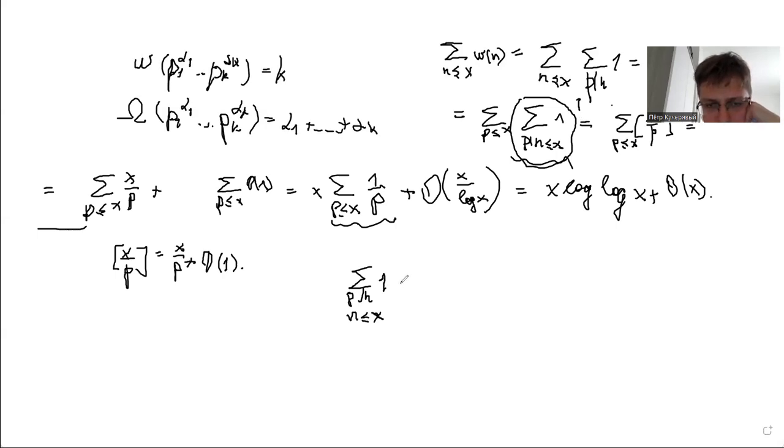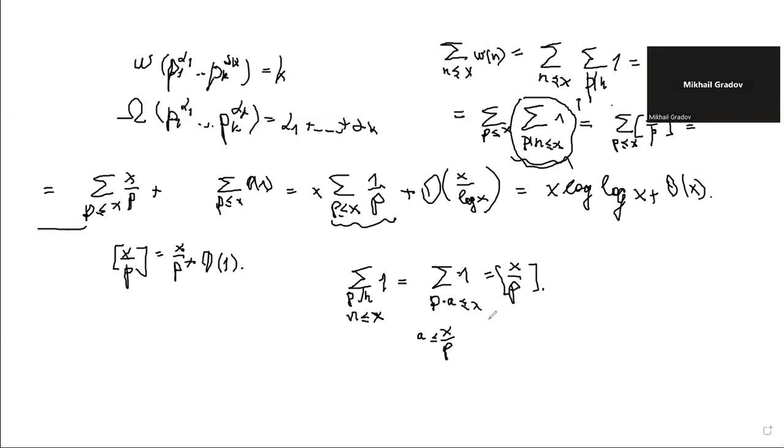It's the number of solutions of p multiplied by a less than or equal to x. A should be less than or equal to x over p. And how many integers are there less than or equal to x over p? Just the integer part of x over p. I want to say that the integer part of x over p is just x over p plus big O of 1.